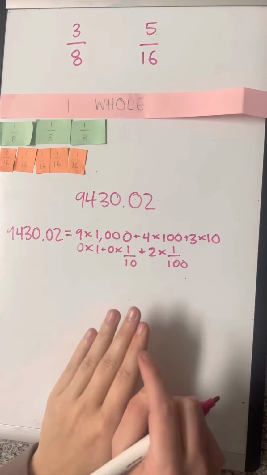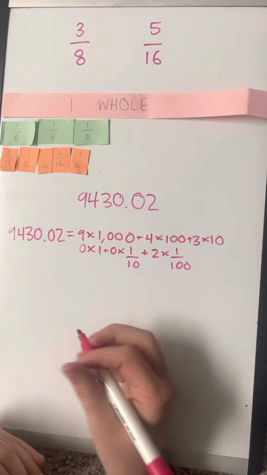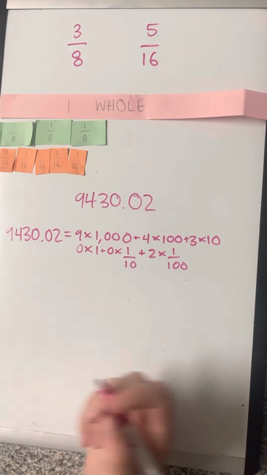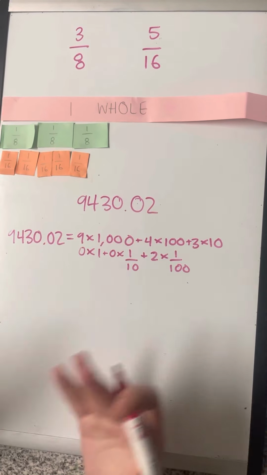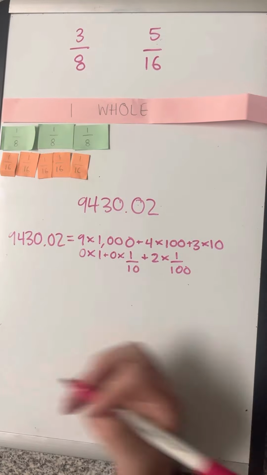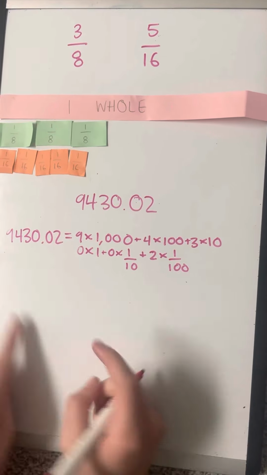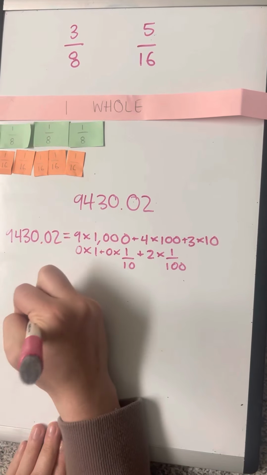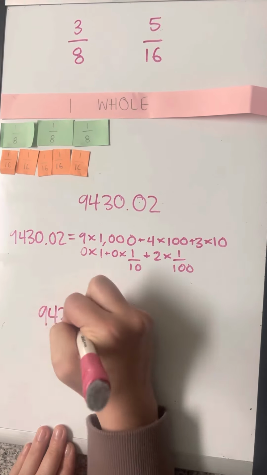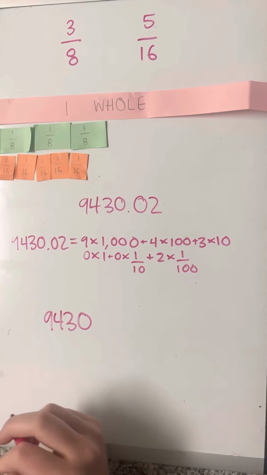Now that we have our expanded form, it actually makes finding our mixed number, the next part of the problem, a little bit easier, or lets us find it quicker. To do this, we start with the beginning of our mixed number, our whole number, which is 9,430. And then we have to think about our fraction.